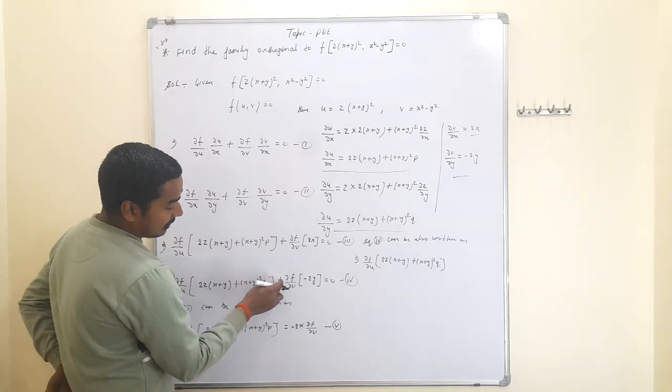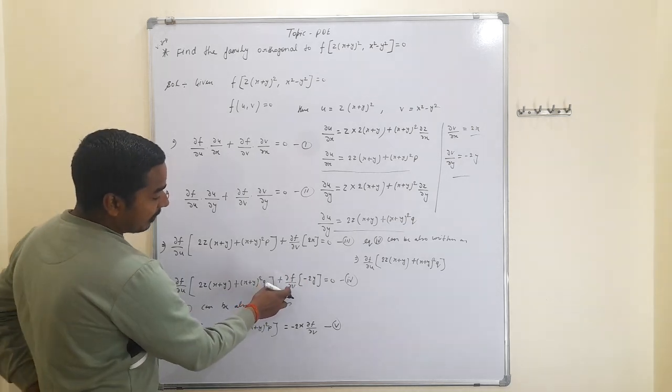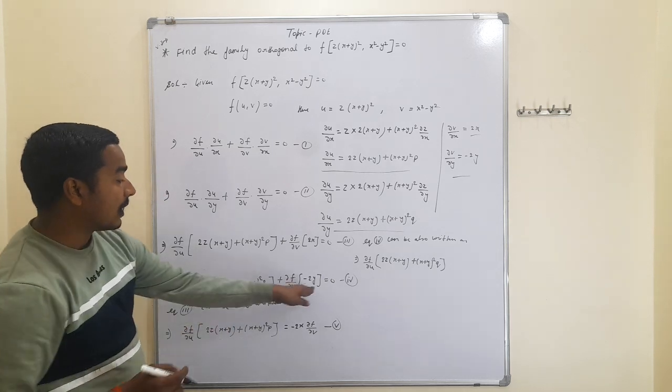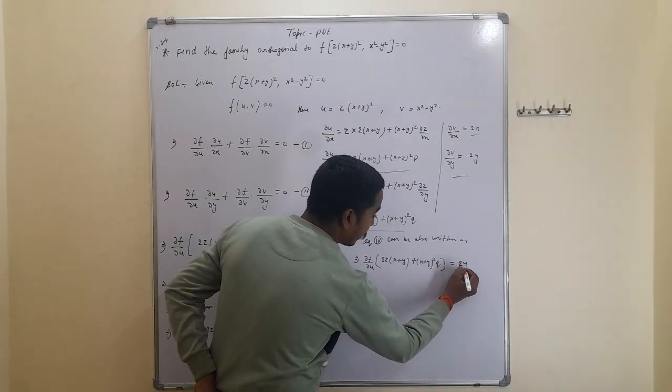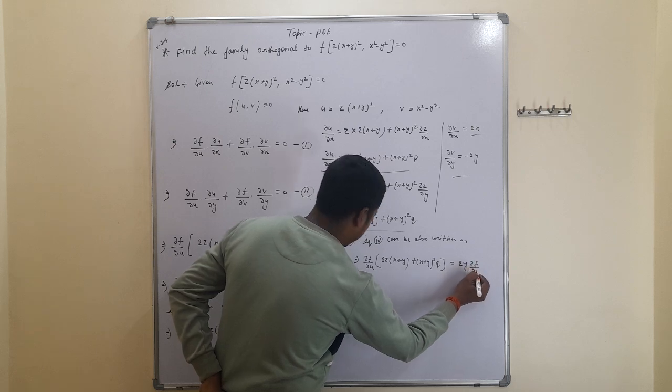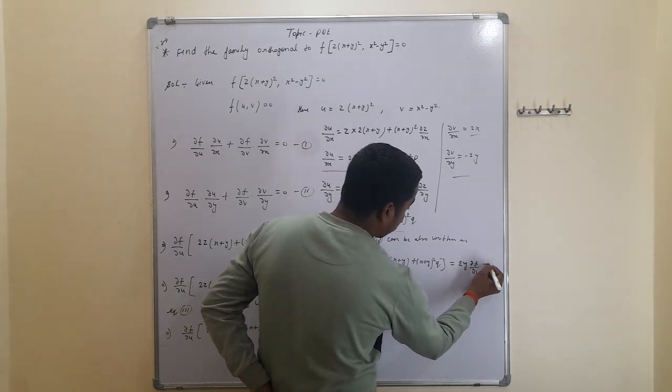When we take this minus del f upon del v and 2y to the right hand side, this is equal to plus 2y del f upon del v. This is equation 6th.